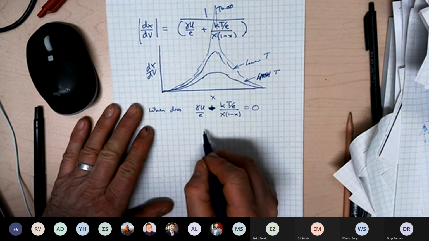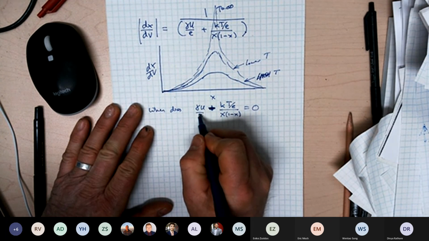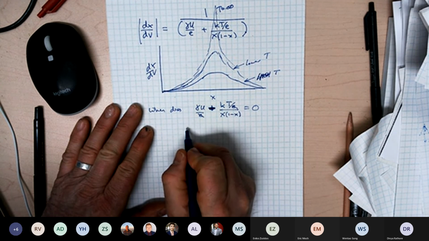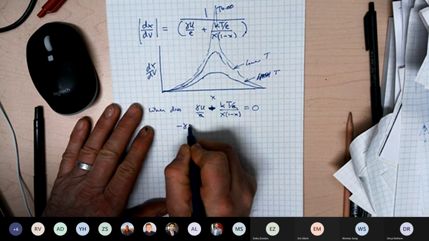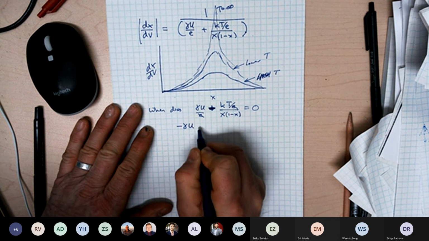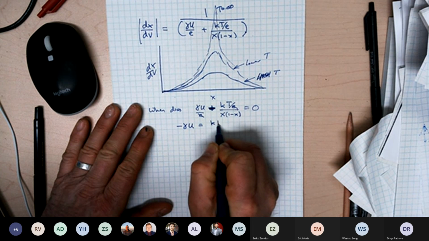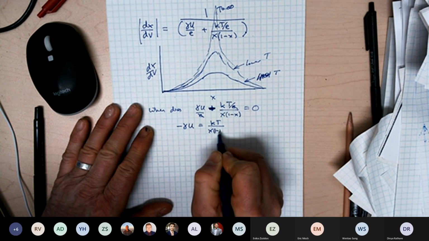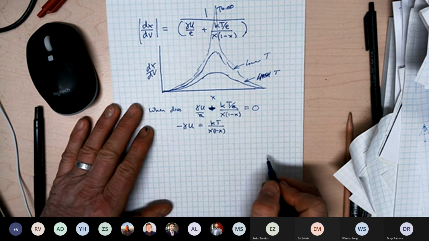So we just solve for this. So these E's cancel out everywhere. And you get minus gamma u equals KT over X times 1 minus X.